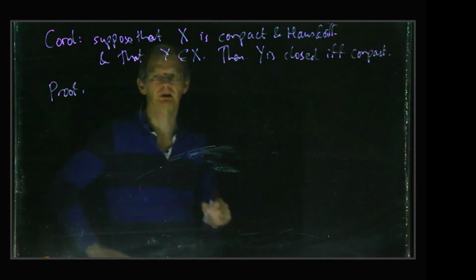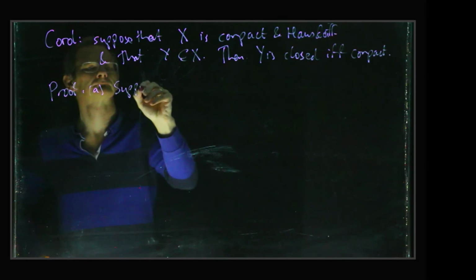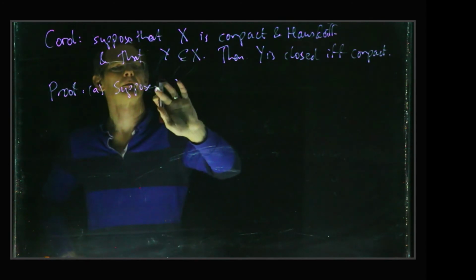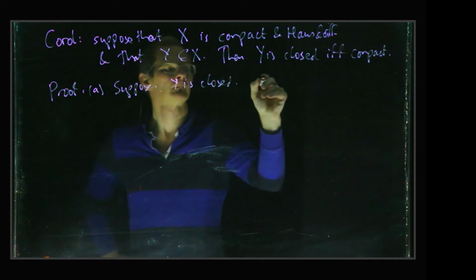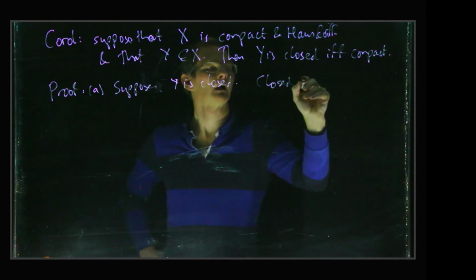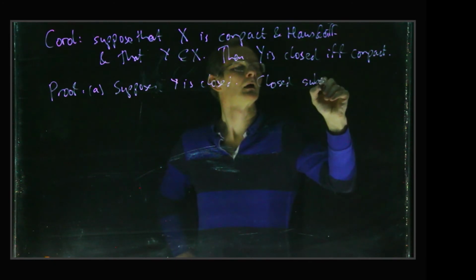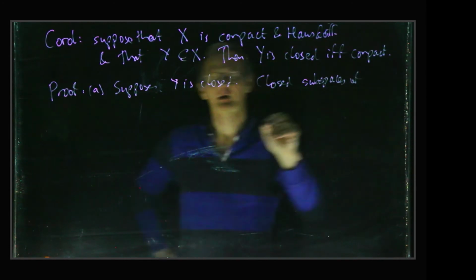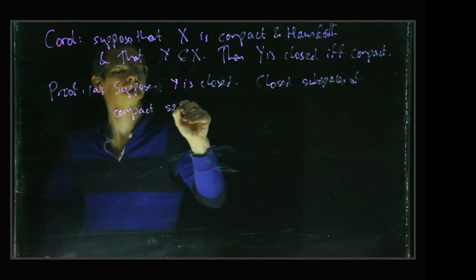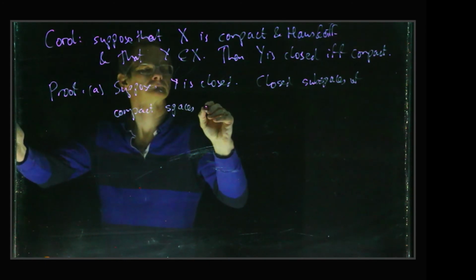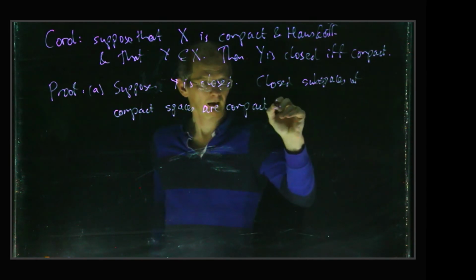So the proof: suppose Y is closed. We proved the first proposition in this video that closed subspaces of compact spaces are compact. So Y is compact.